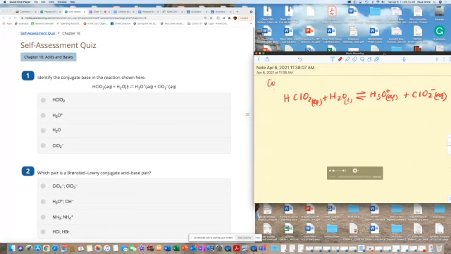When we talk about conjugate, we see the term conjugate in the context of Bronsted and Lowry acid and base. So quick recap. When we talked about the three definitions of acid and base, we started.